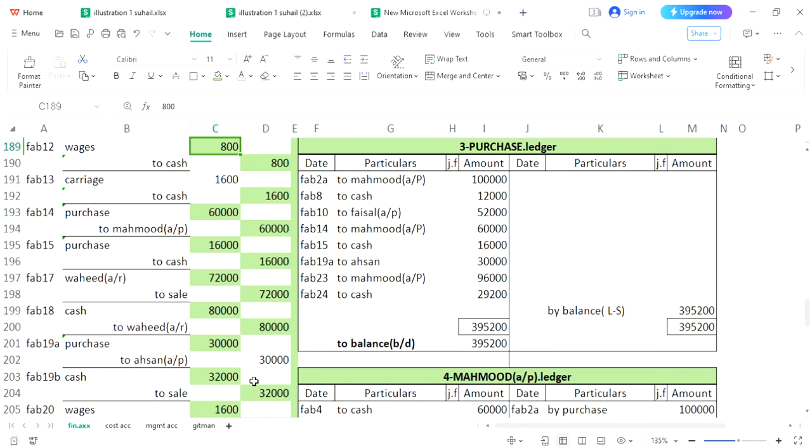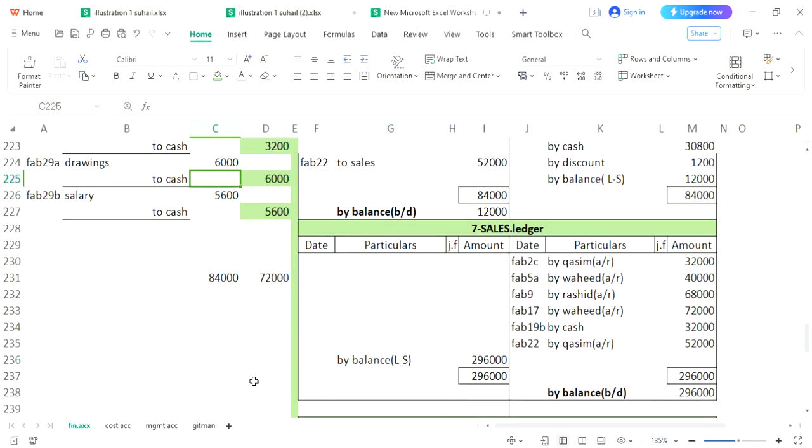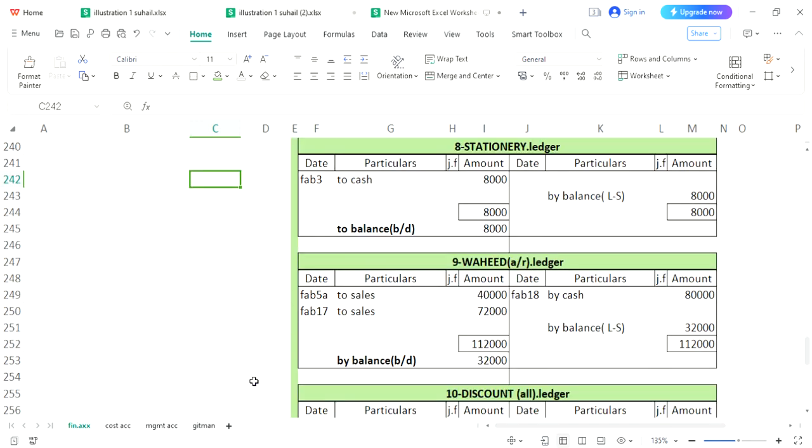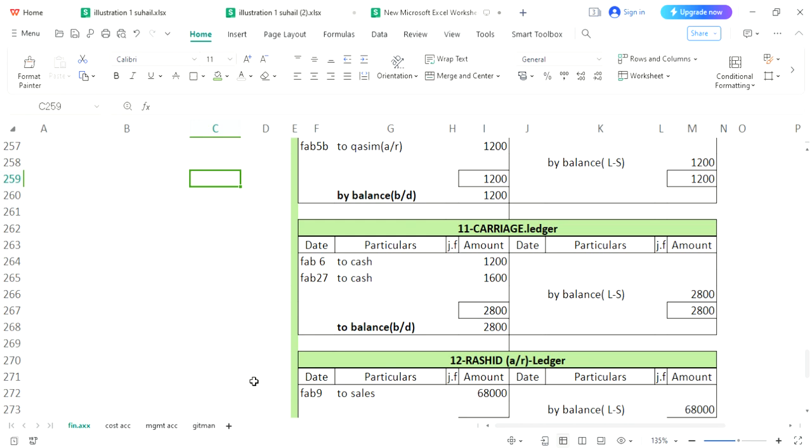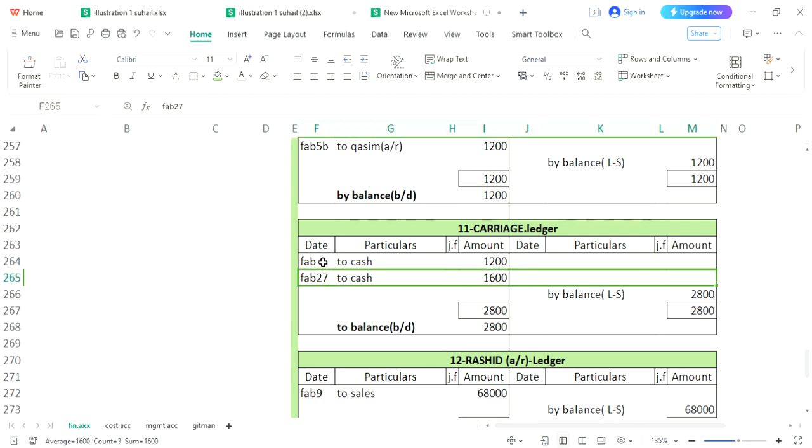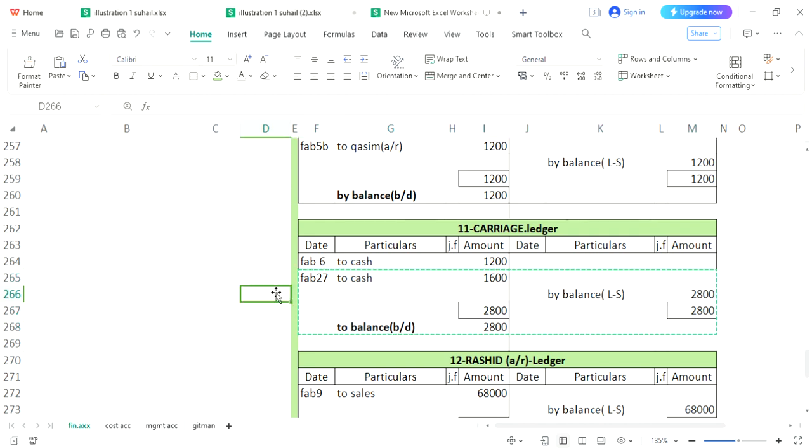Look, these sort of questions, this was unmarked, February 13, 1600. Carriage, February 13 entry is missed because amounts were similar. Here it was supposed to be written after February 26. There was an entry February 13, and that entry was missed.